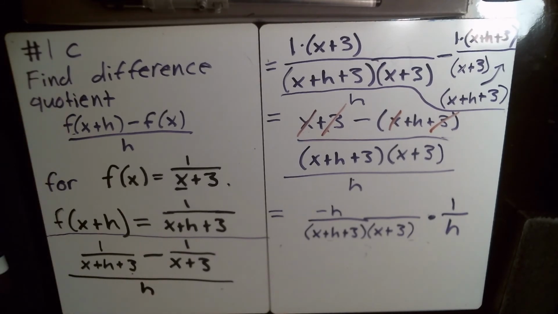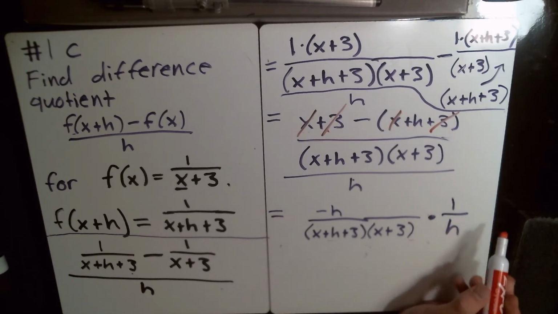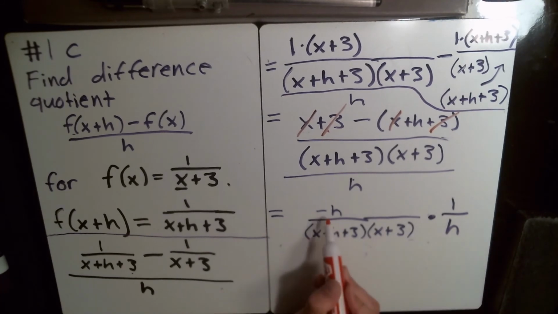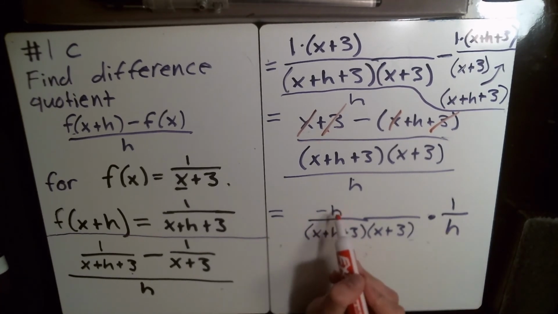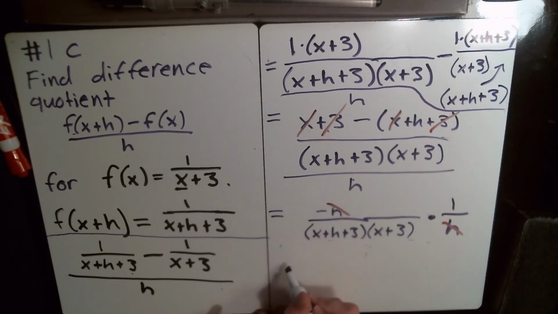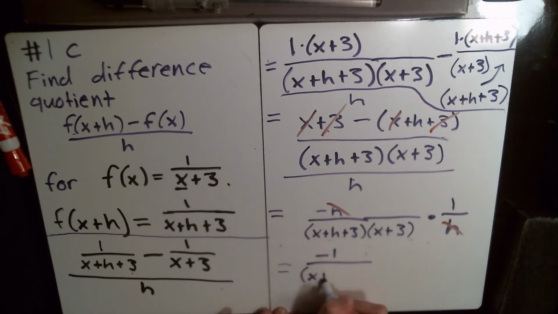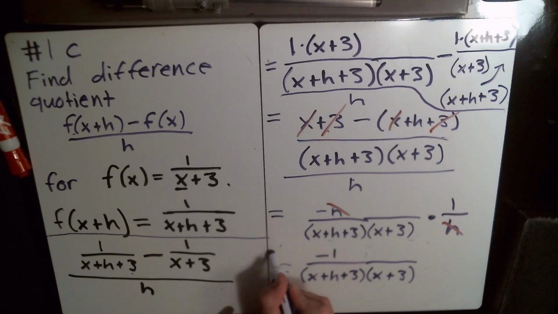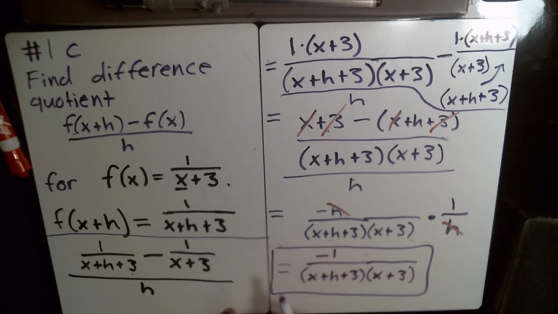When we multiply these, you'll notice there's an h on top and the bottom, so these can cancel out, and you're just left with negative 1 over x plus h plus 3 times x plus 3. And that's as simple as you can make it.